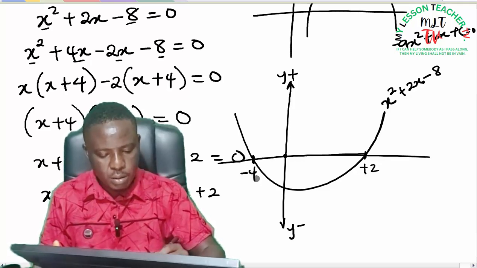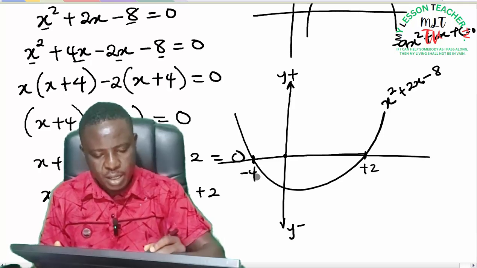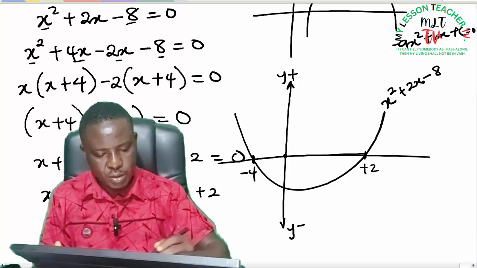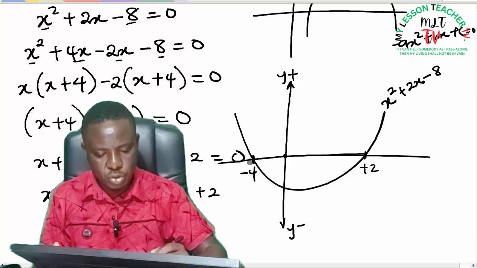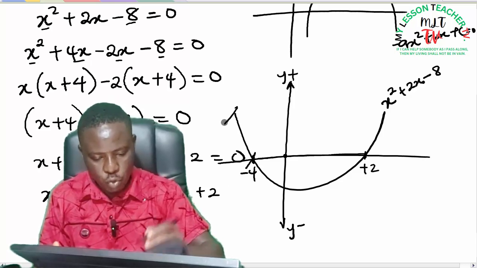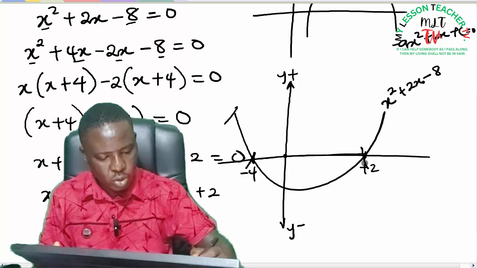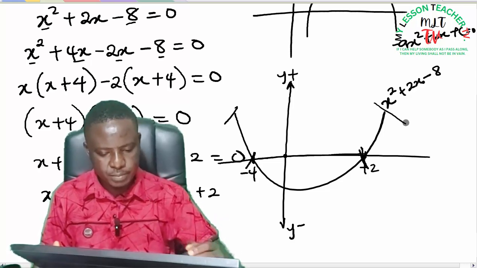This intercept divides this parabola into three regions. You have this as region 1, while from here to this other place is said to be region 2, and here to here is said to be region 3.